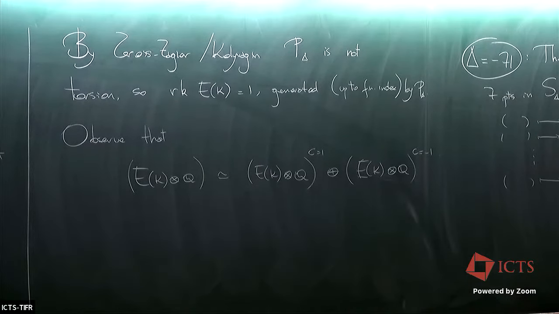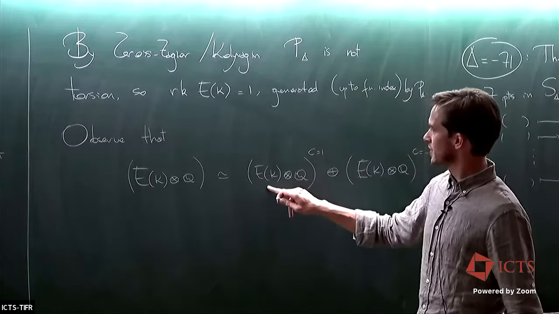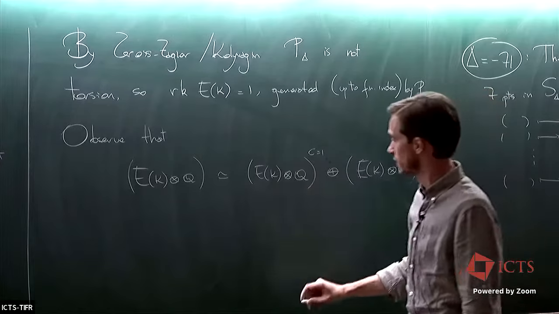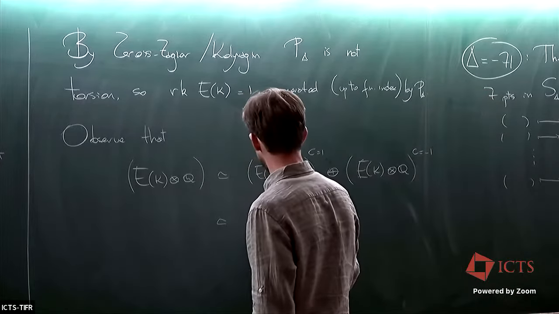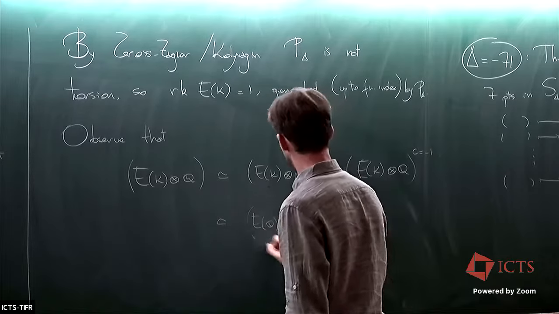You can decompose it in this way by just projecting along the eigenlines for complex conjugation. Now, if I look at this, everything that's fixed by complex conjugation is actually just a rational point. Yeah? So this group here, that's literally just the group that we're interested in, these tensor Q.